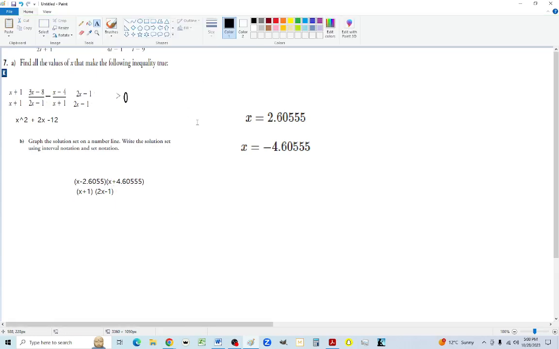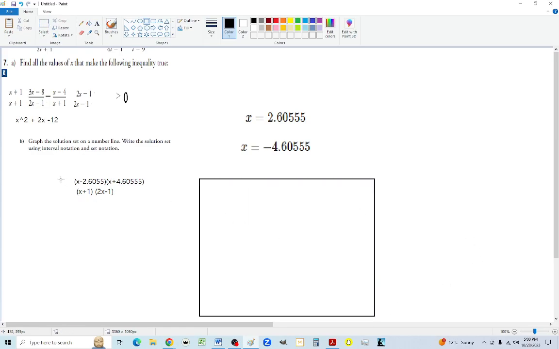Now, this has multiple solutions, so you have to put the whole thing down below and put the individual things up here. Makes it very difficult.